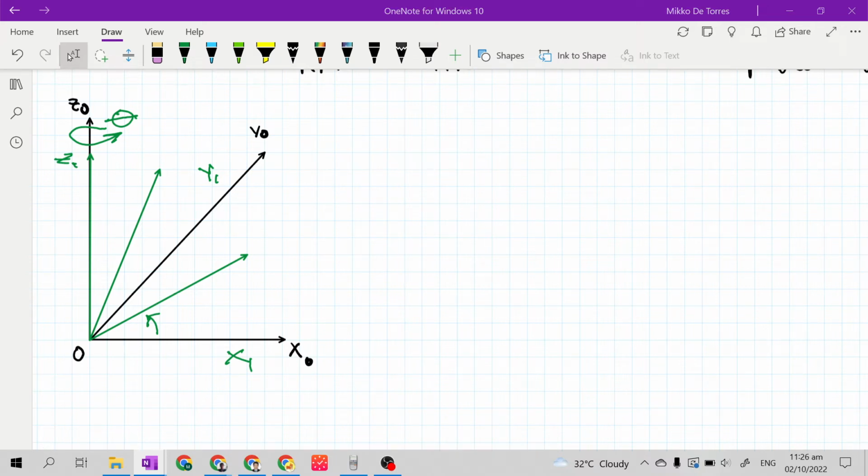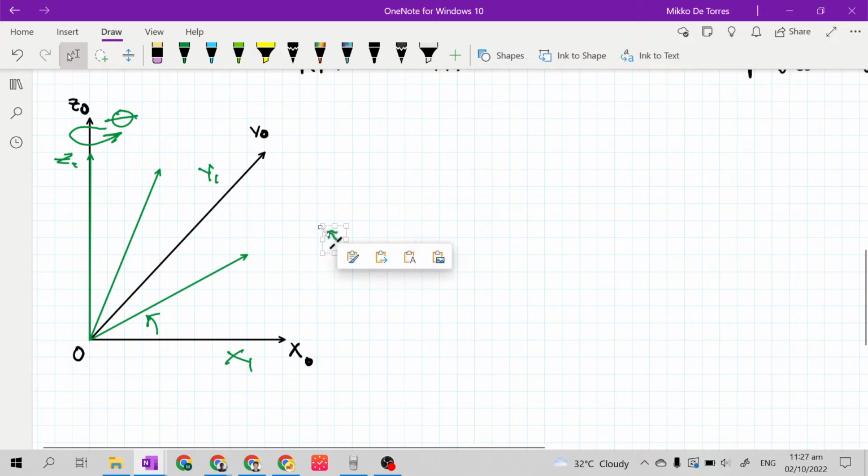Okay, so it is theta. Theta is the angle that makes them move. So this will also be theta. Okay, so this also theta, and this will also be theta.